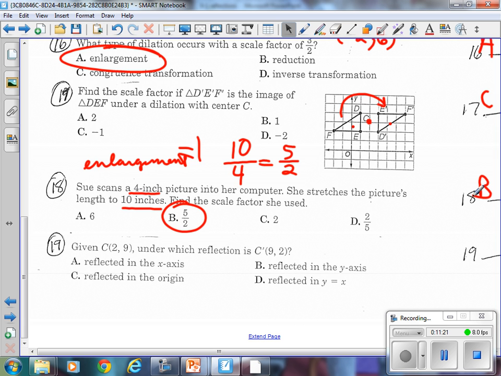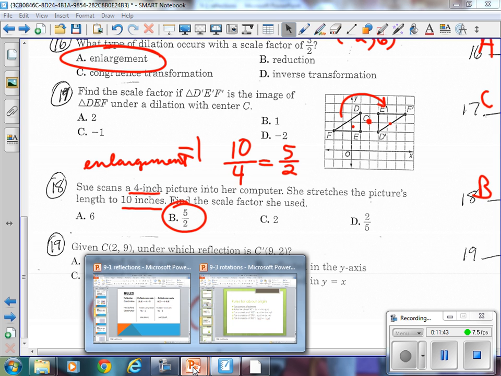Given that C is (2, 9), under which reflection is C prime going to be (9, 2)? Well, it looks like all they did was switch the X and the Y, so (x, y) went to (y, x), and we need to figure out what rule that is.